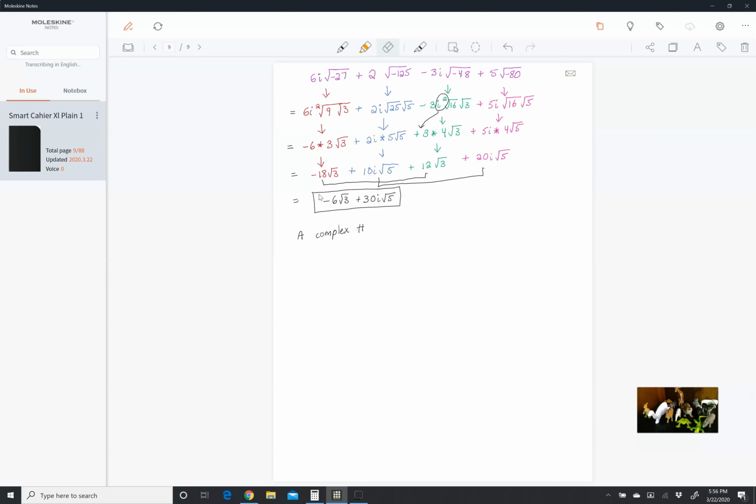So a complex number is written in the form A plus Bi. It has a real part and an imaginary part.